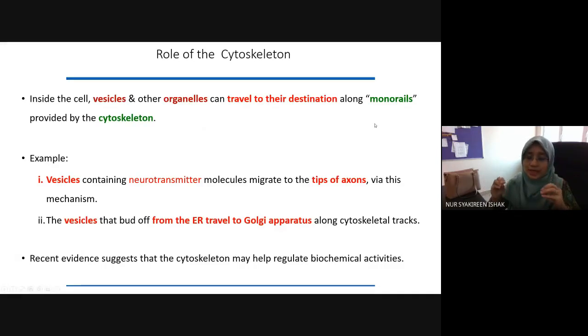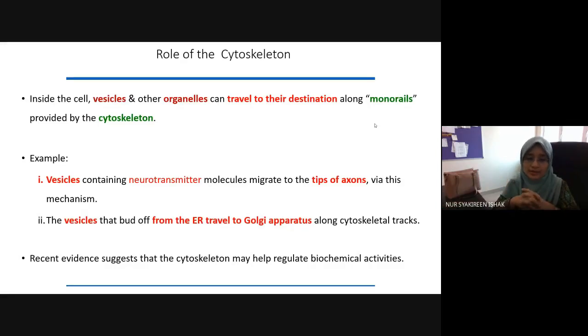So the cytoskeleton, especially the microtubules, will serve as a track for the organelle to move from one region to another region within the cell. For example, a vesicle containing neurotransmitter molecules migrates to the tip of the axon via this mechanism. Second, the vesicle that buds off from the ER travels to the Golgi apparatus along a cytoskeleton track.